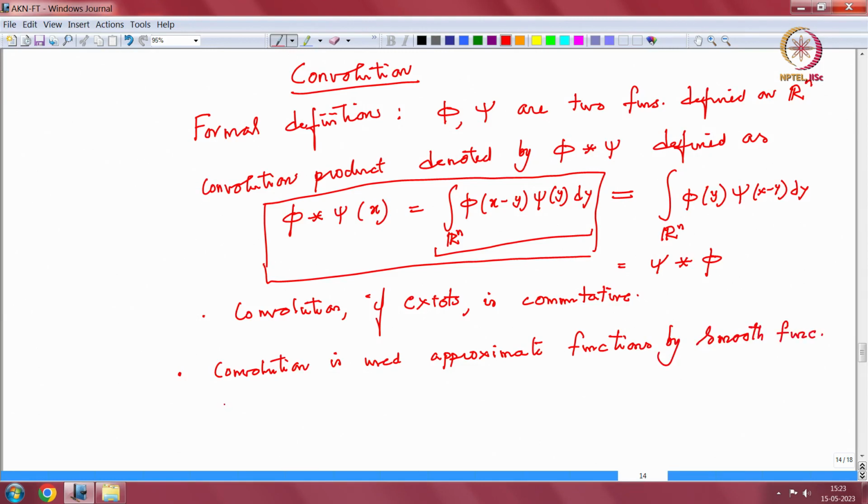So, in some sense, convolution is a smoothing operator.